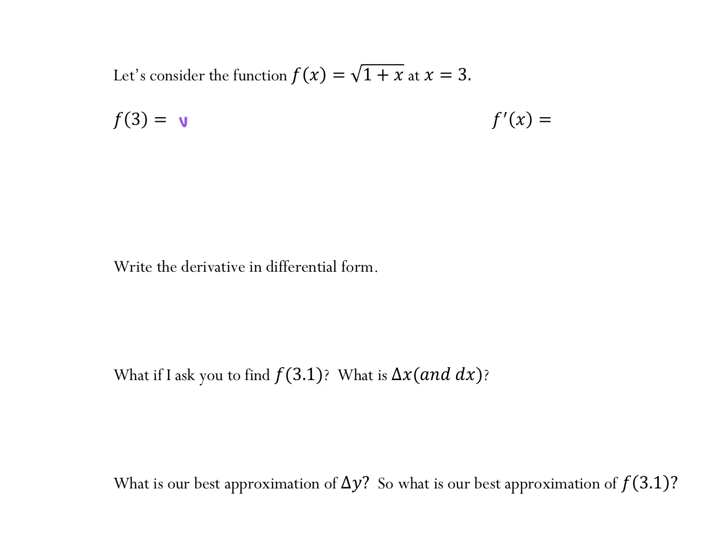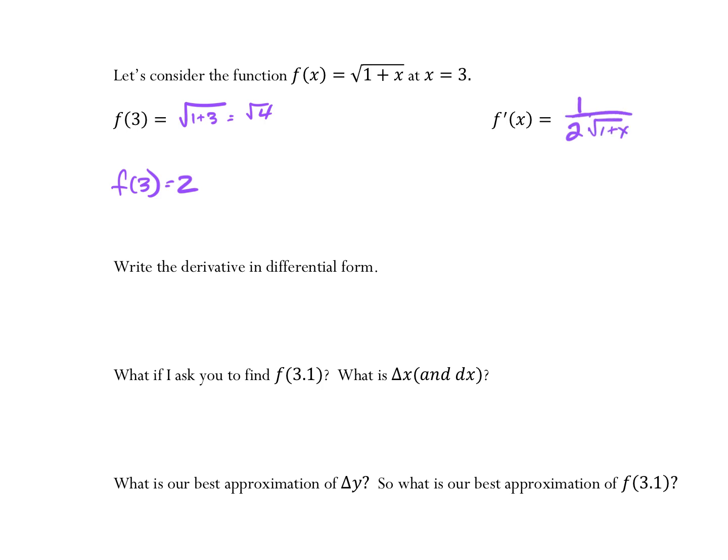If I plug in 3, I get the square root of 1 plus 3, which is the square root of 4. So f of 3 is equal to 2. And we can say f prime of x would be 1 over 2 times the square root of 1 plus x.